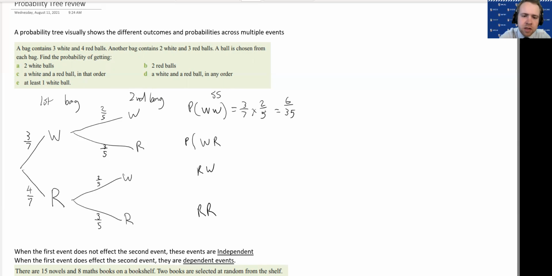And then the probability of getting a white then a red, we follow that path, and it's going to be 3/7 times 3/5, which gives us 9 out of 35. The probability of getting a red then a white is going to be 4/7 times 2/5, which gives us 8 out of 35.